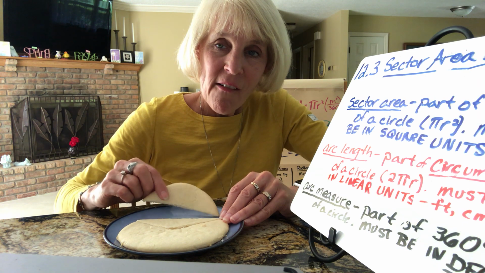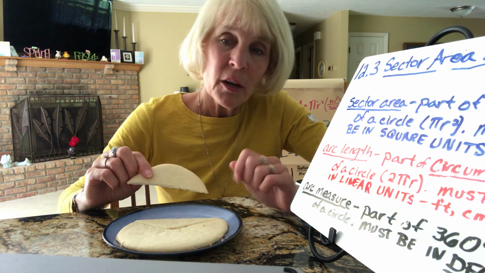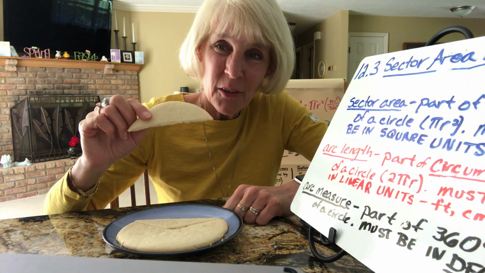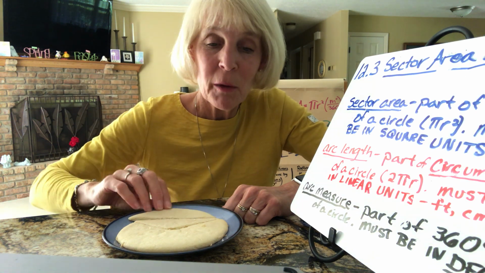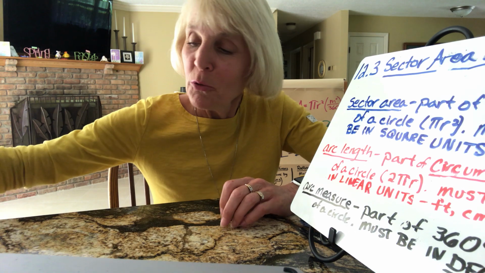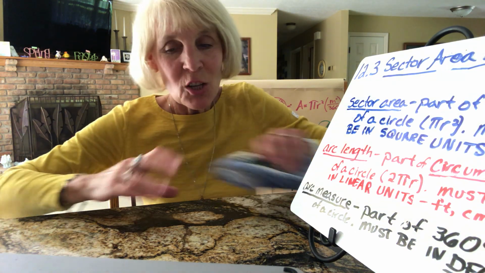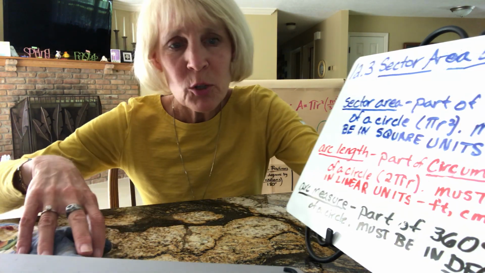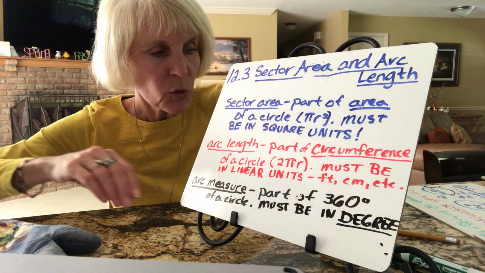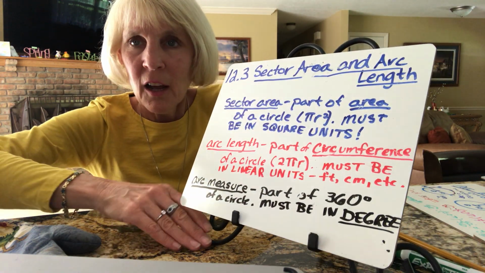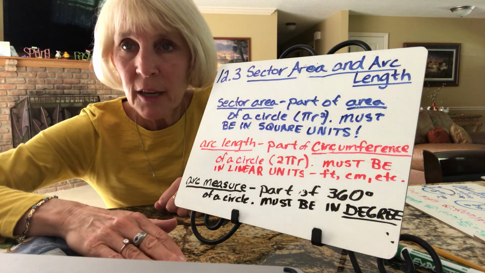Now, if that whole cookie had 200 calories, how many calories would I be eating in this part? Think about that. Let's see if we can figure that out as we get through some of the basics today. So go ahead and take out your notes, and remember to put your notes with the reteaches so that I can give you credit for everything in your notes and reteaches at one time.